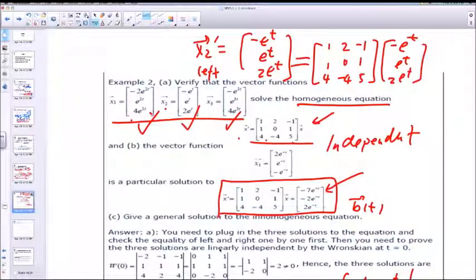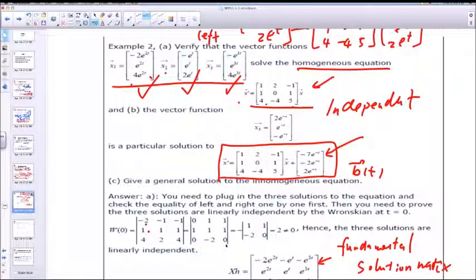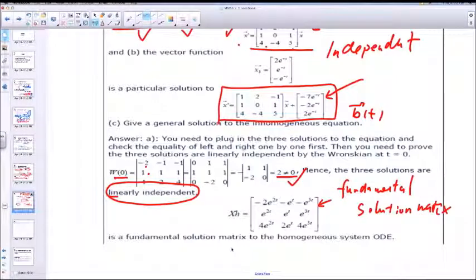If t equals 0, that's negative 2, 1, 4. And you look at this determinant. If the determinant is not 0, you are really good. The 3 solutions are linearly independent. So you got 3 solutions, you got 3 linearly independent, bingo. Now you got this fundamental solution matrix.